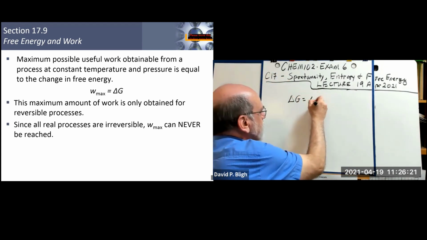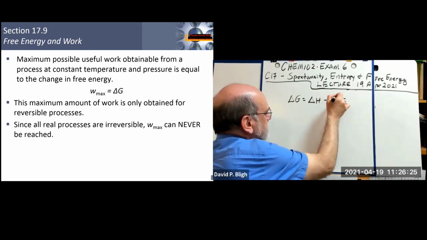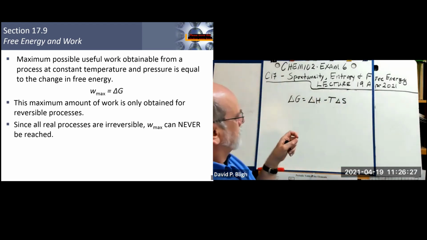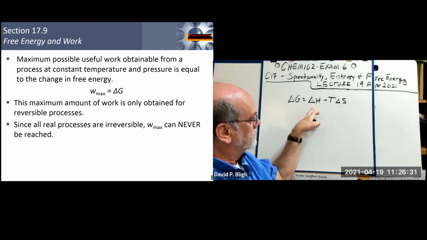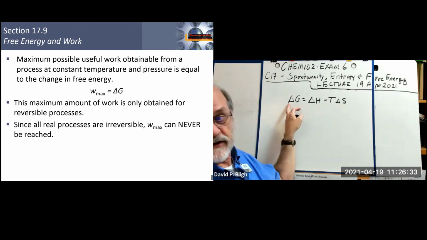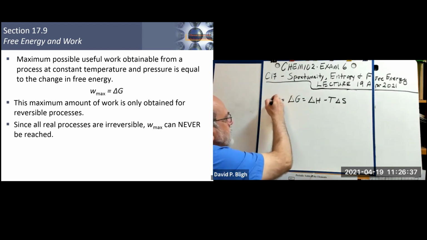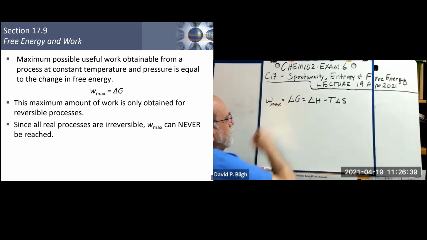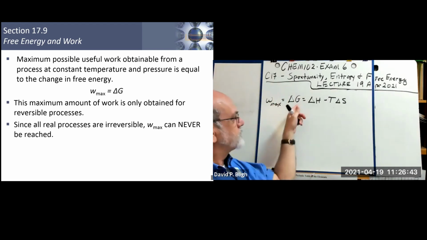Delta G equals delta H minus T delta S. So Gibbs is saying that this is the potential, this is the loss, and this is what's available for work. So this would be equal to W max, right? So that's the most amount.